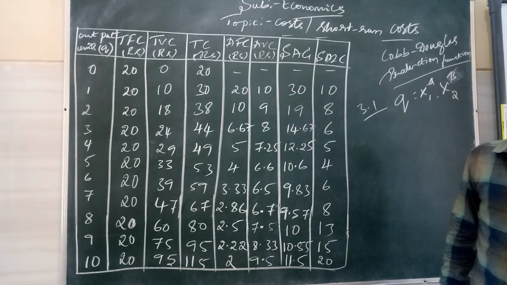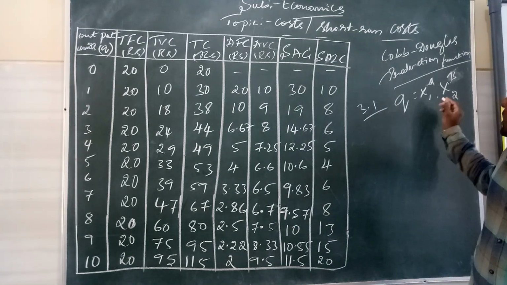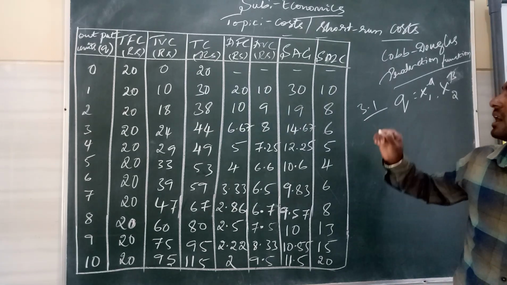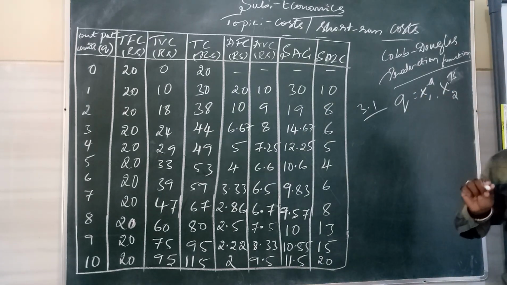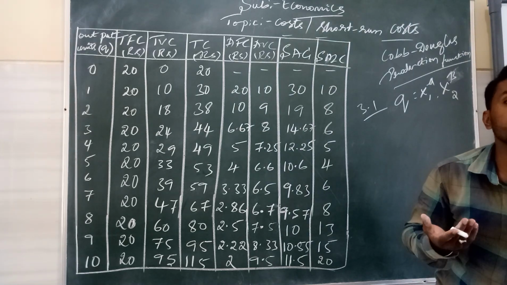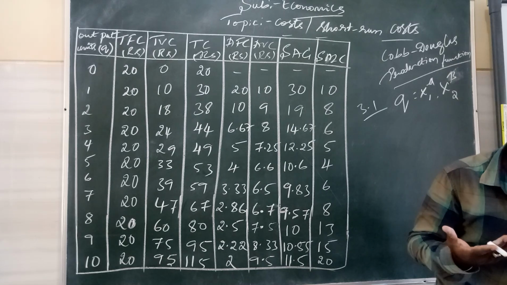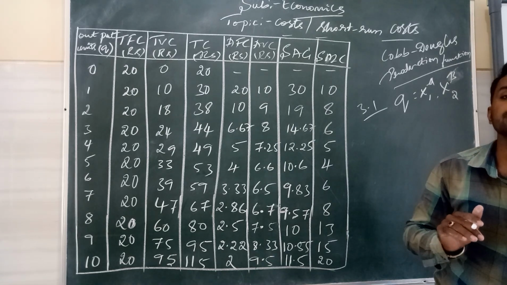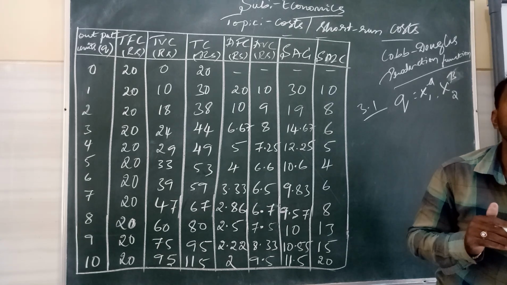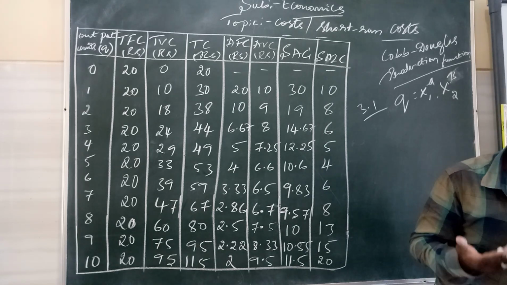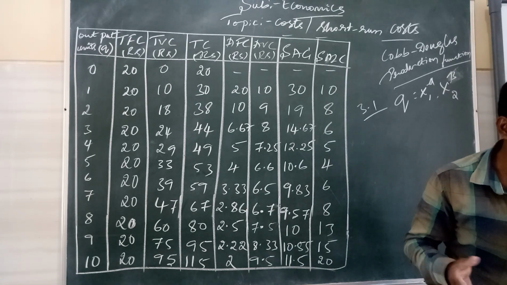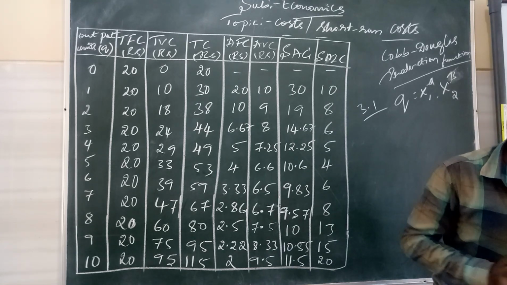Here alpha and beta are constants. The firm produces Q amount of output using x1 amount of factor 1 and x2 amount of factor 2. This is called the Cobb-Douglas production function.